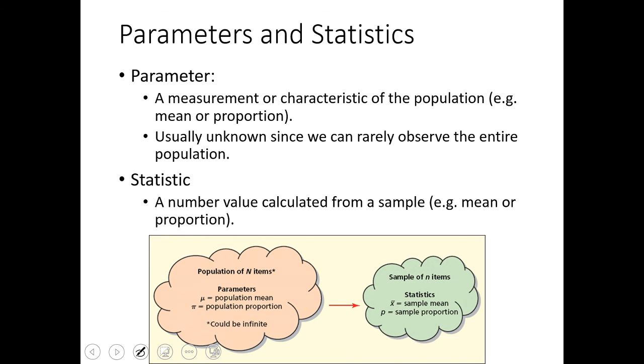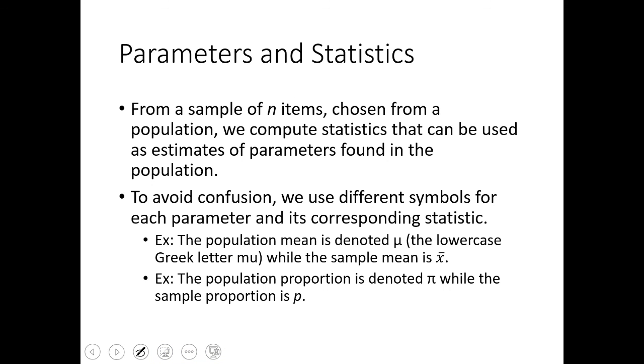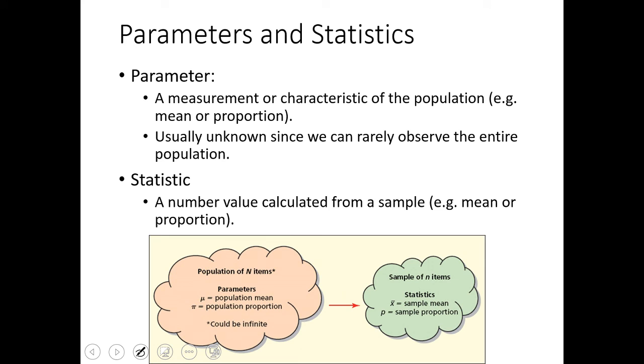For example, we have the population mean. So the mean of New York citizens' weight, the average, is very difficult to measure, but we just select 100 New York citizens, measure the weight, and find the sample mean of these 100 samples, and we just approximate the population mean with this sample mean.